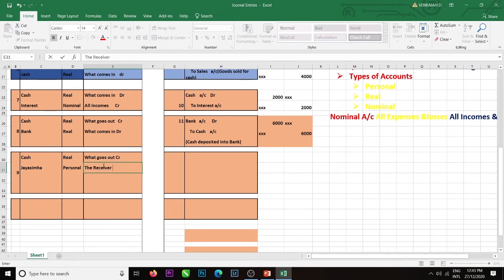He received cash, so the receiver will be debited. Next one is discount received, which is a gain, a nominal account. In this transaction, personal, real and nominal accounts are all affected. All gains are credited. Two credits, one debit.